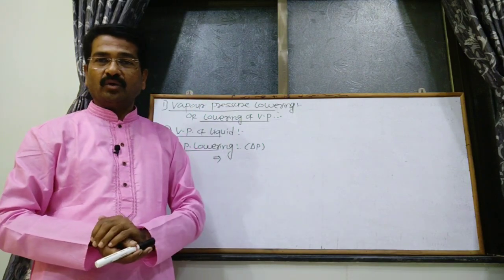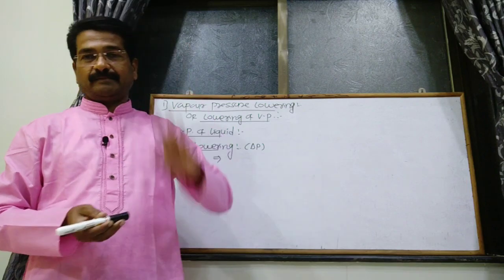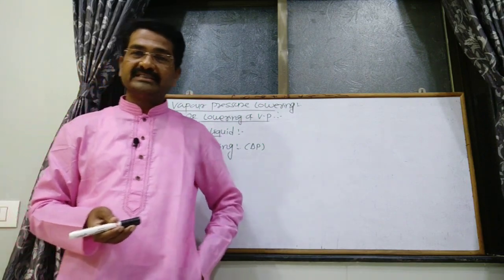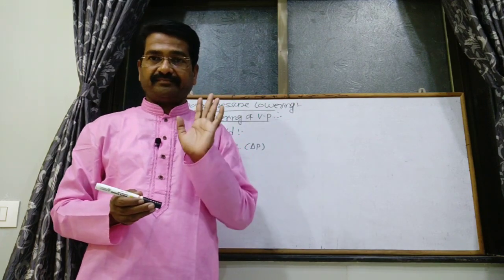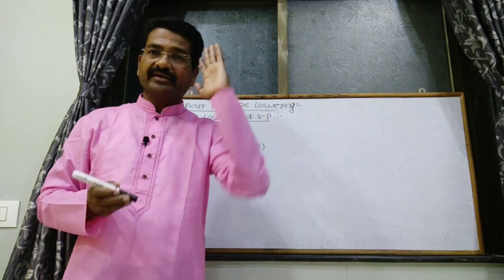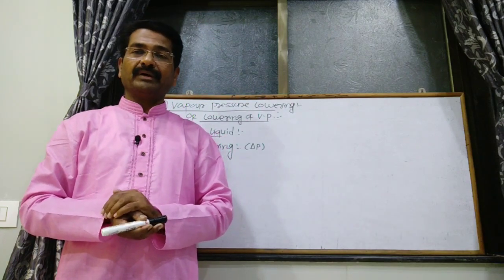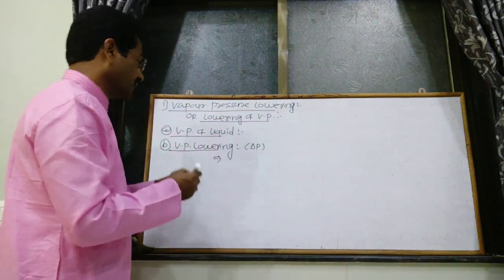When a non-volatile solute is added in pure solvent to form the solution, and the vapor pressure of solution is lower than that of vapor pressure of pure solvent, it is called lowering of vapor pressure.